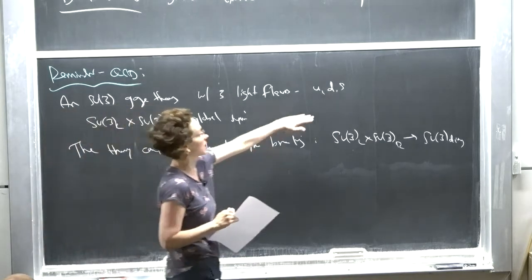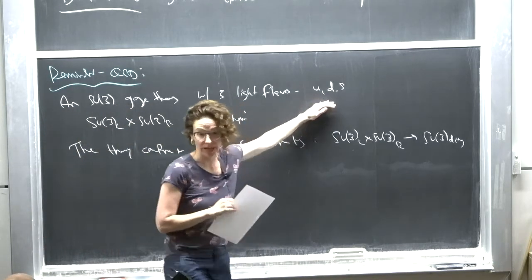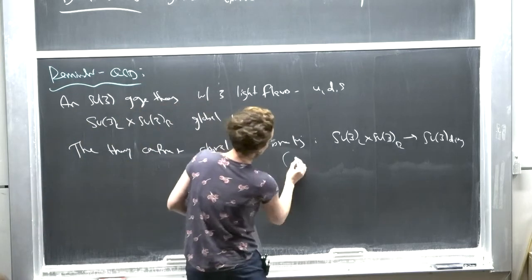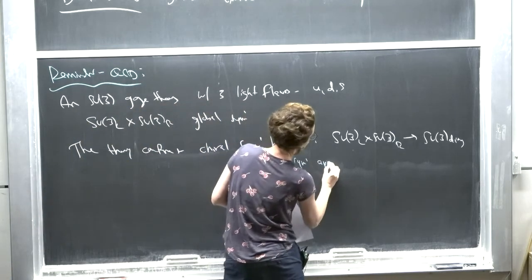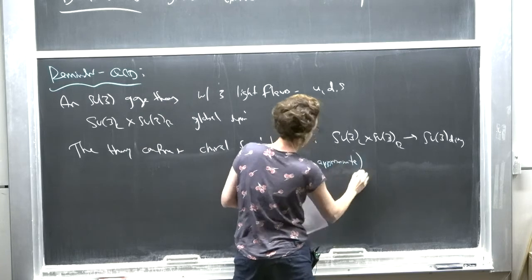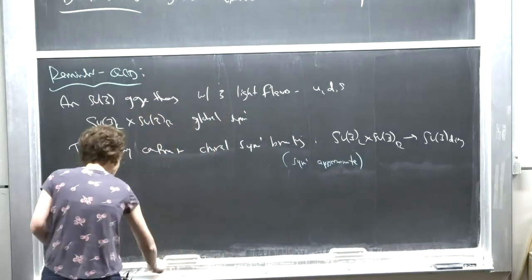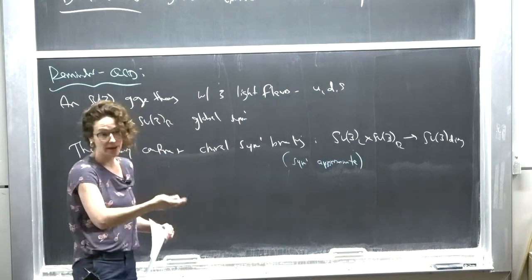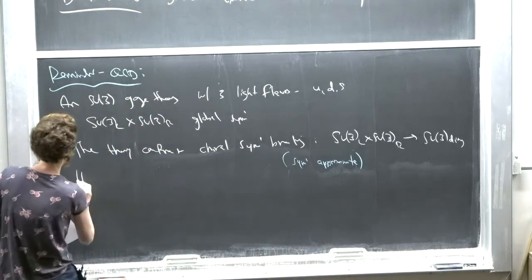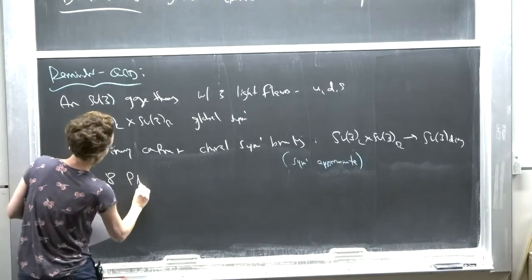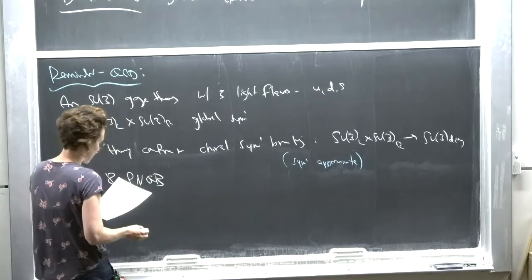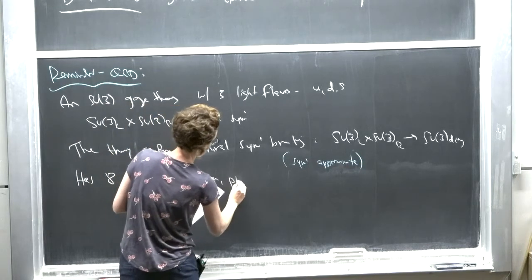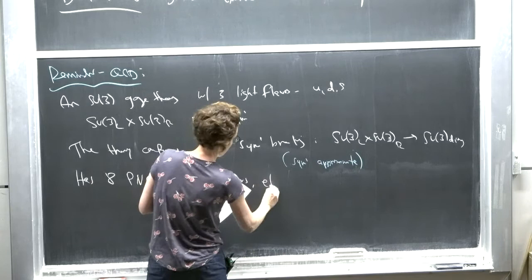They're only approximate because the masses for these quarks are not degenerate. And this theory has 8 broken generators, and so I have 8 pseudo-Nambu-Goldstone bosons. These are, of course, the kaons, the pions, and the eta.